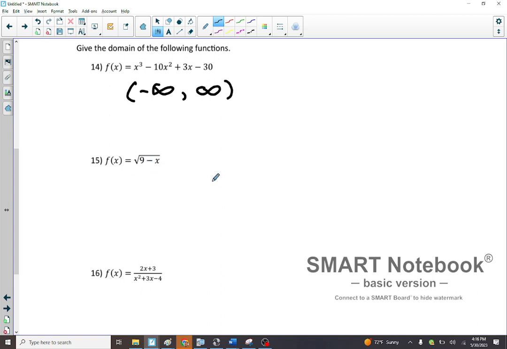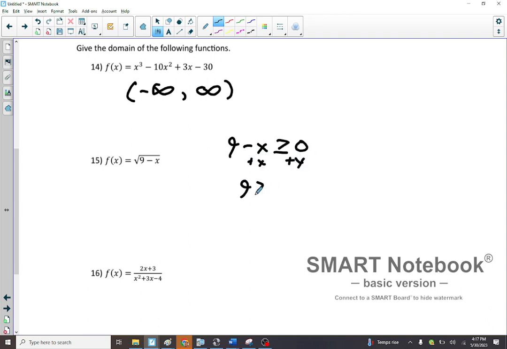Let me explain how to get it for the video. In a square root, I can't have negatives in a square root. So what I'm going to do is set it up like this: 9 minus x. Since I can't have negatives, it needs to be greater than or equal to 0. This is the second one, number 15. So I'm going to add x on both sides.